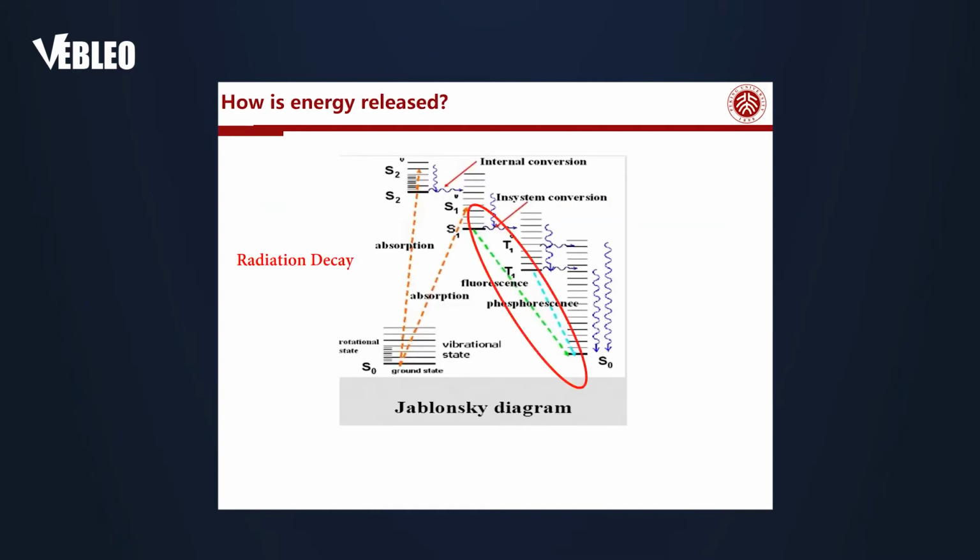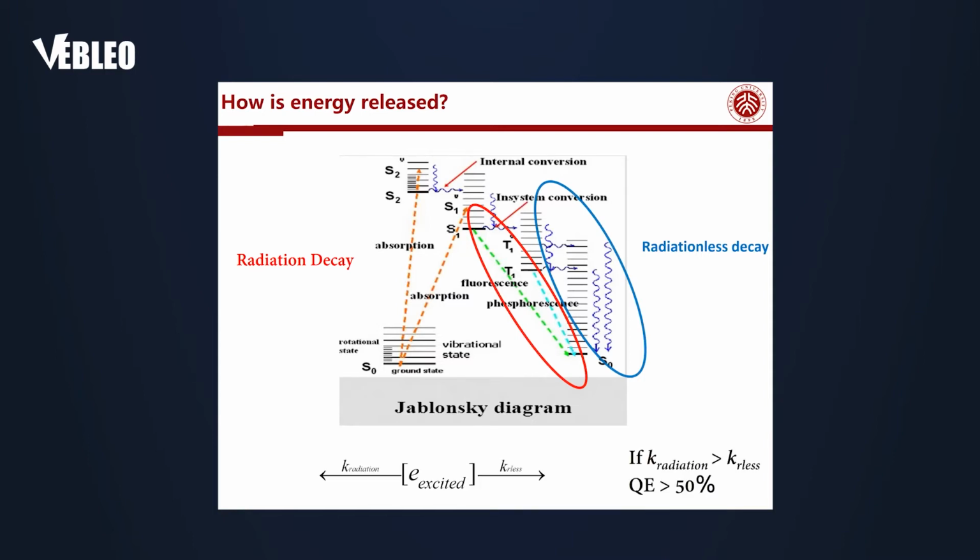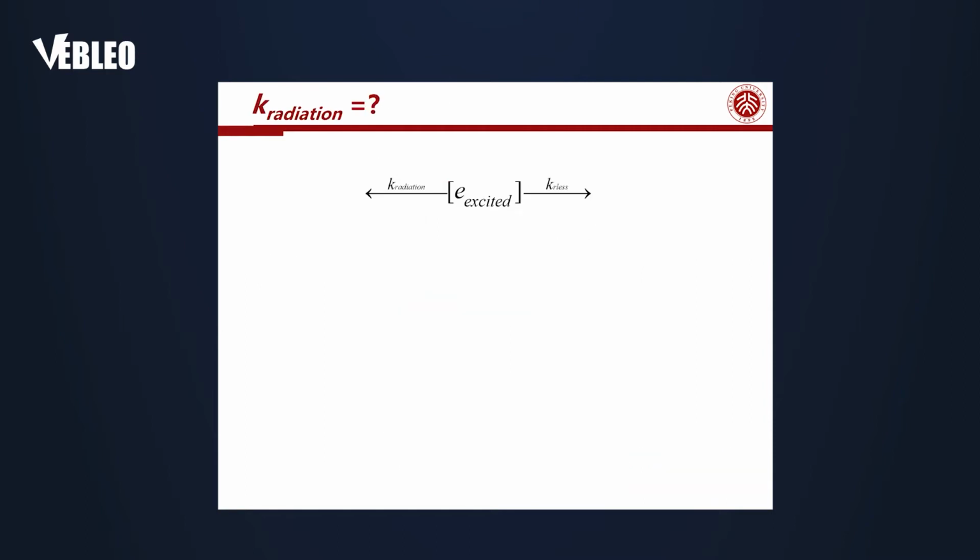If the radiative decay is faster than the non-radiative decay, then the quantum yield of fluorescence is larger than 50%. The radiative decay rate constant can be estimated with the spontaneous emission equations.